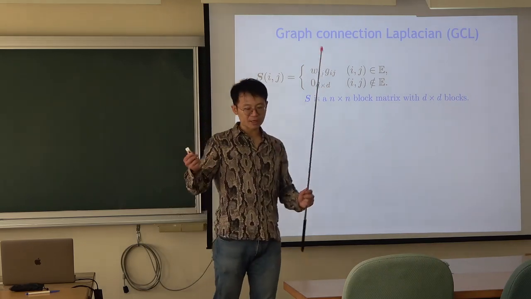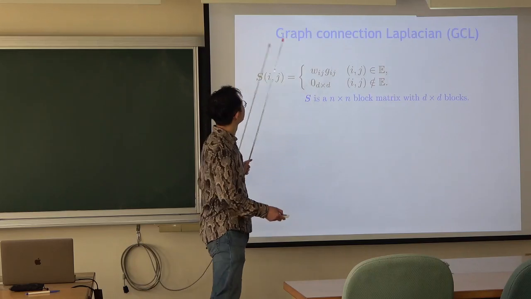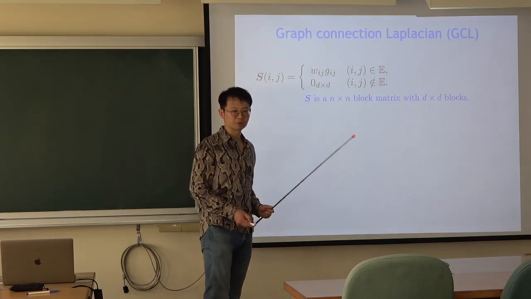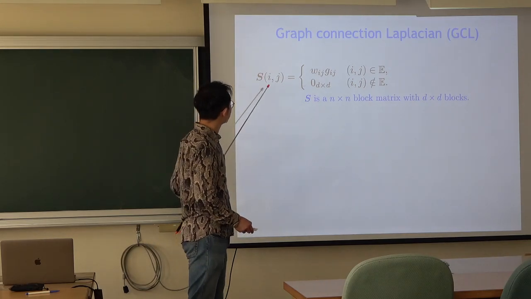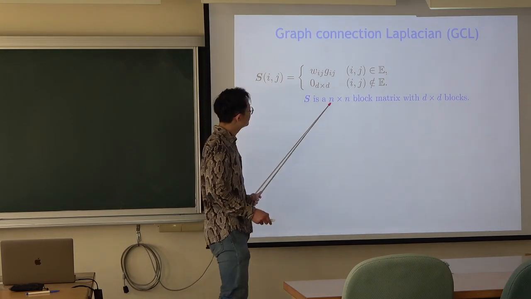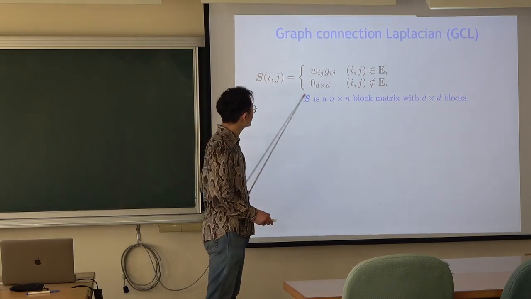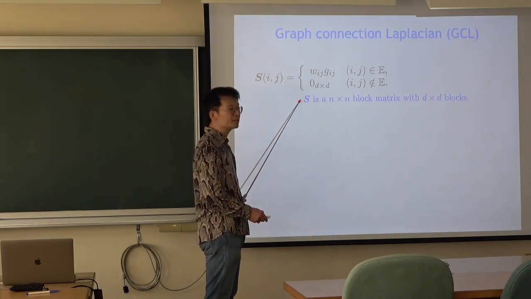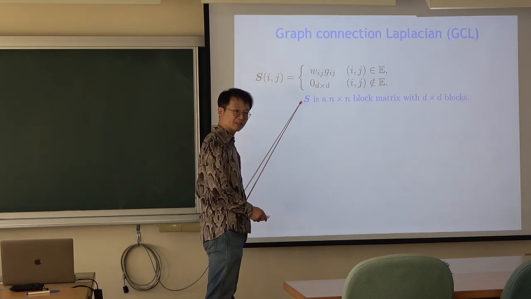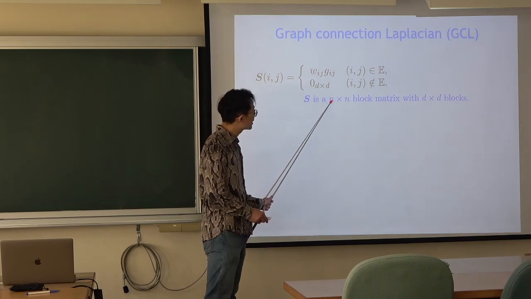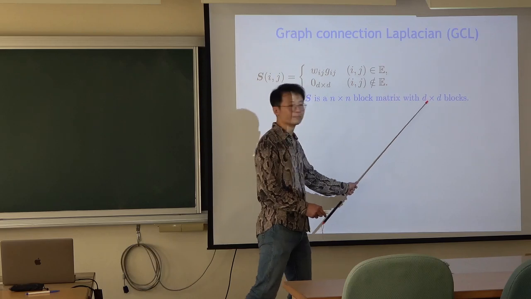So now with this connection graph, we can define the quantity called the graph connection Laplacian, which is a generalization of the graph Laplacian. What we do is we construct an n by n block matrix with d by d blocks. That is, S itself is actually an nd by nd matrix, but it is an n by n block matrix with each block of size d by d.